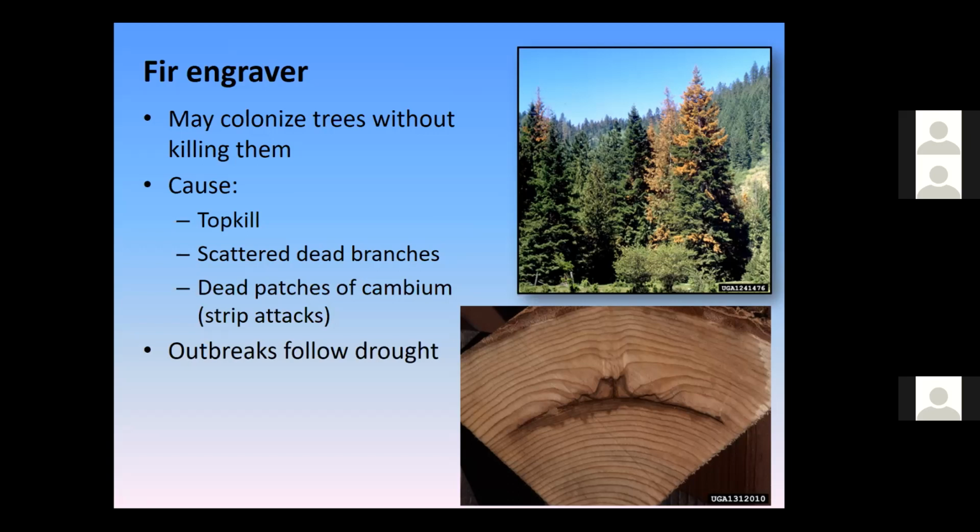It's a place in the grand fir where these beetles had attacked and laid eggs, and maybe they were successful in that one section, but there weren't enough of them to kill the tree. And so it grew new sapwood over that wound and eventually covered it up. So we're seeing an uptick in this fir engraver activity since that 2015 drought. We've gotten more reports of issues with this in Western Washington.